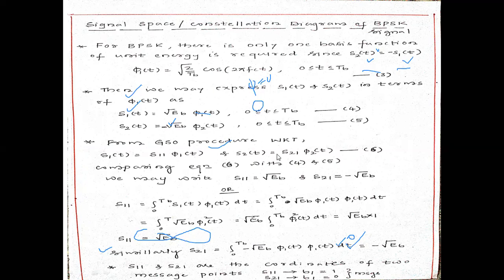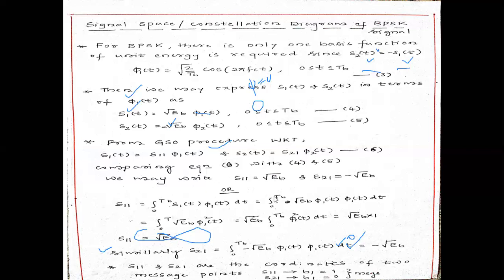And S2 of t is equal to S21 into phi 1 of t, right? So comparing these two equations 4 and 5 with equation 6, you can write S11 as square root of bit energy, and S21 is equal to minus square root of bit energy, that is Eb.